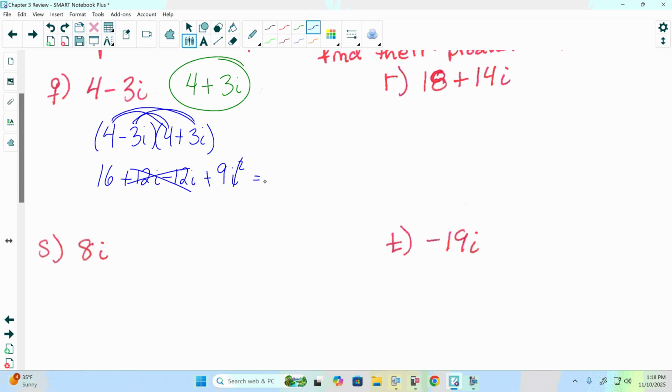Our negative 9i squared, i squared is negative 1, so it's going to turn into positive 9. And 16 plus 9 is 25. I know I'm skipping steps there because we would normally rewrite it with i squared is negative 1, do our negative 9 times negative 1 to give us positive 9, and then combine.